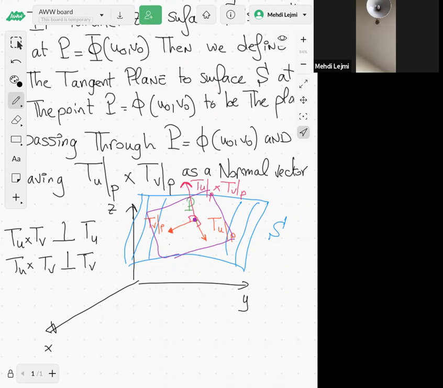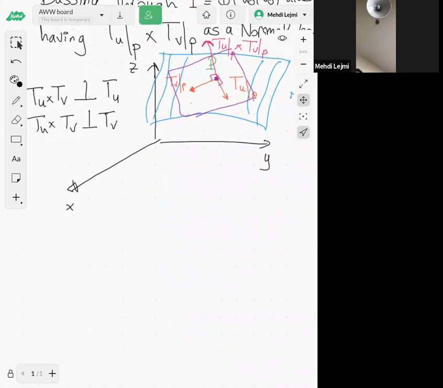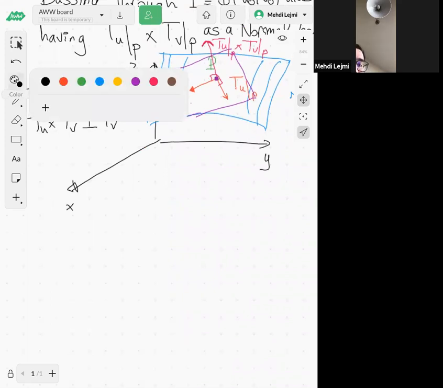All right, so let's have some numerical example, and then I will give an exercise where you have to find the equation of the tangent plane. So, example.